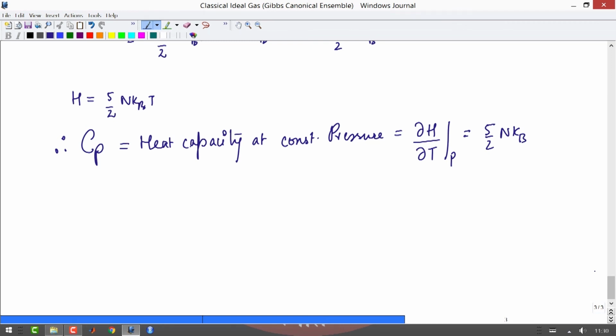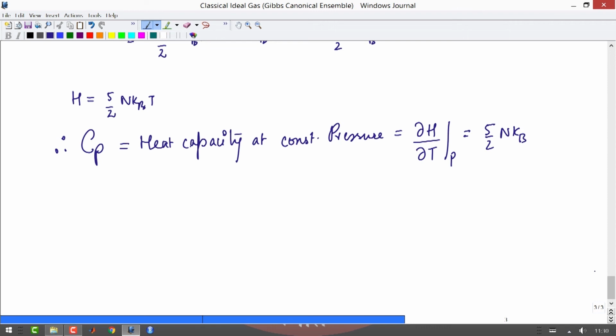This is because you have to understand that the energy scale in the problem is enthalpy. So, the right derivative to take is the derivative of enthalpy, not the total energy, and that gives us the heat capacity at constant pressure, because you have taken the pressure constant in this ensemble.